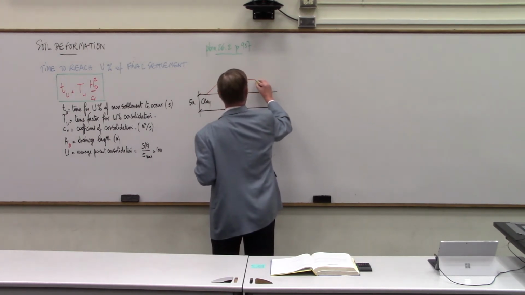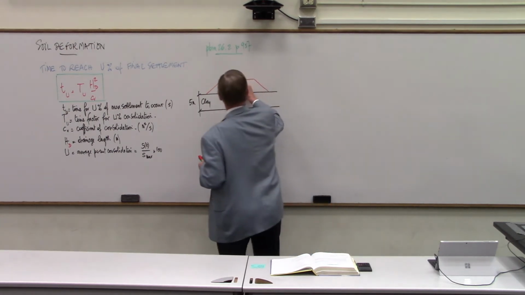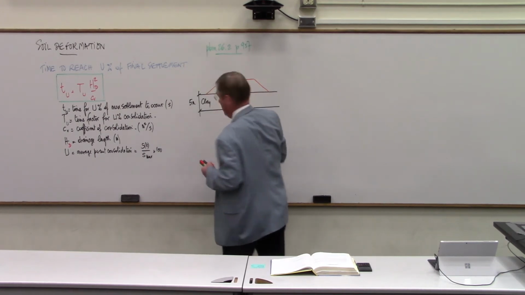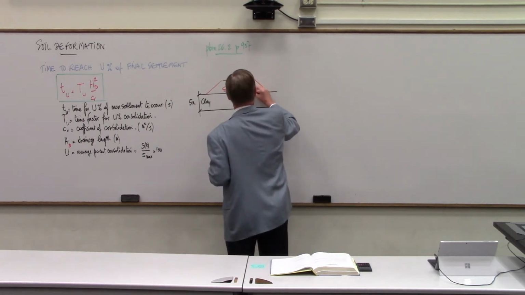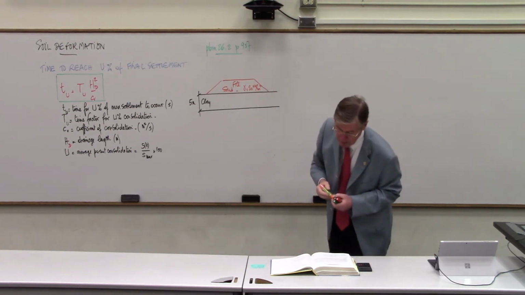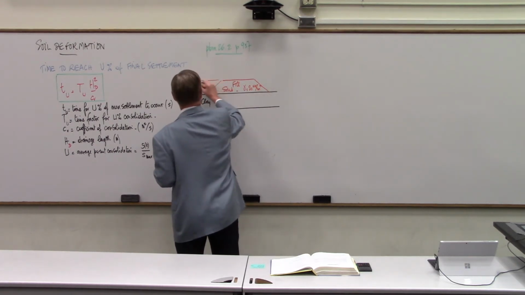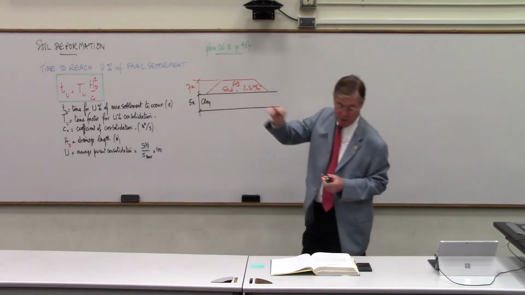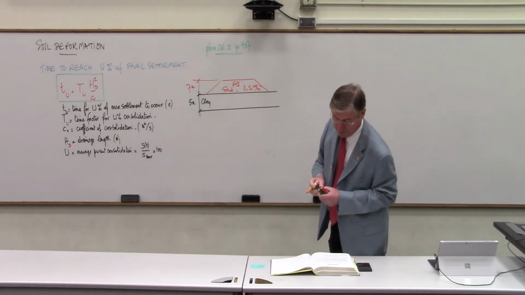It's made of sand, and the unit weight is 20 kilonewtons per cubic meter. The height of the embankment is 7 meters. So typical height of embankment approach to a highway bridge.